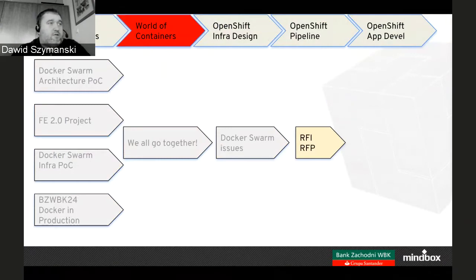So this was done, and after some really short time, because it took us 2 months as I remember, we realized OpenShift should be the platform for us, and this was also the point in time when we chose Mindbox as our partner for this project. So that's how OpenShift appeared in our organization.